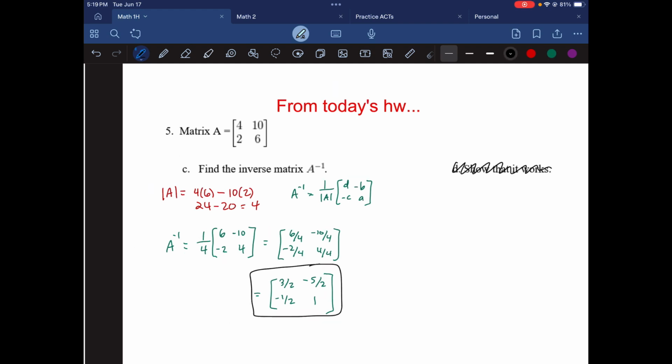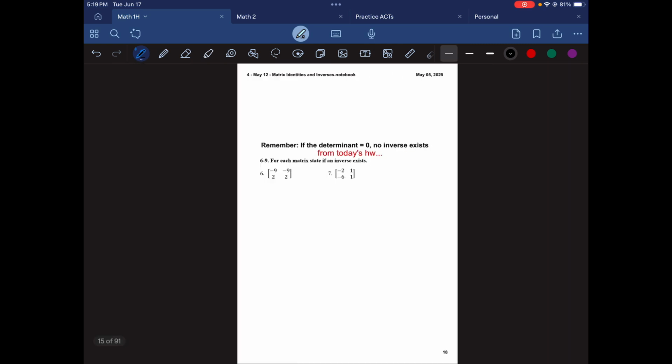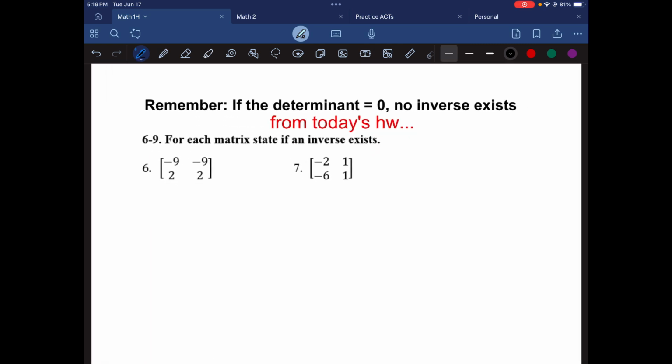Boom. Okay. Let's do these ones. Now, remember, if our determinant is 0, no inverse actually exists. So this one, like I said, always your first step is check the determinant. What is it going to be?